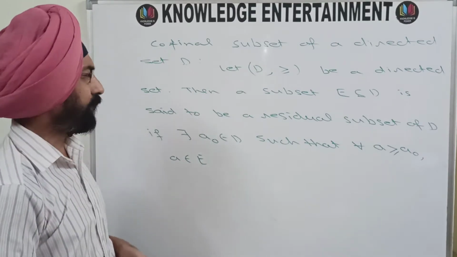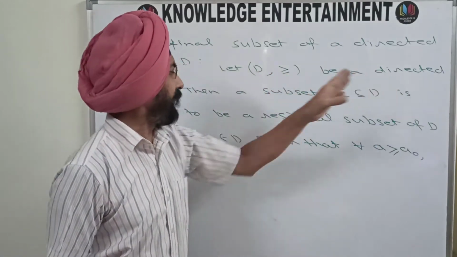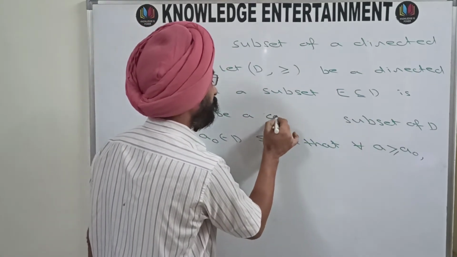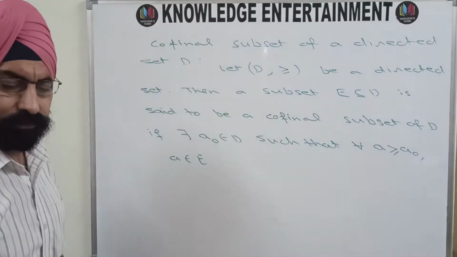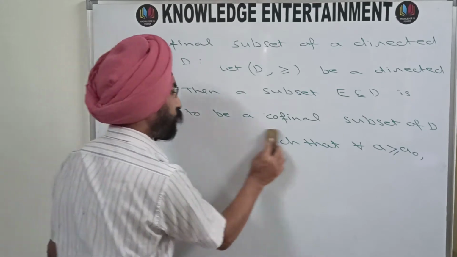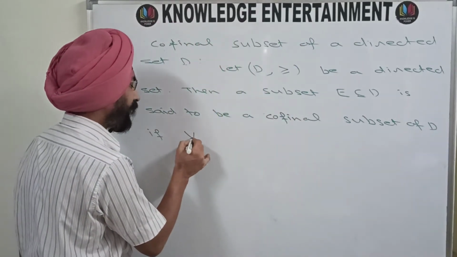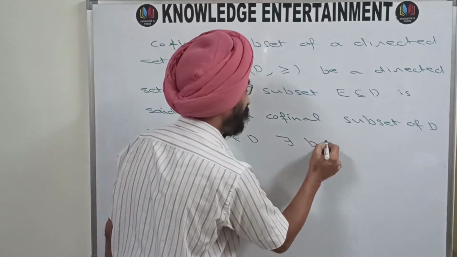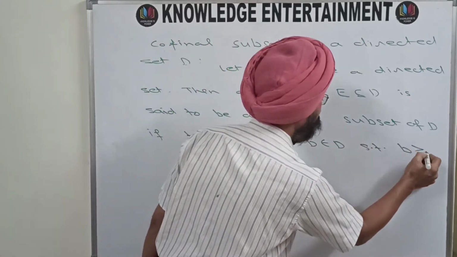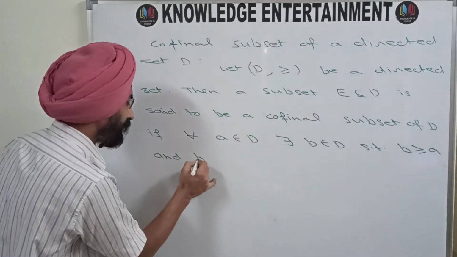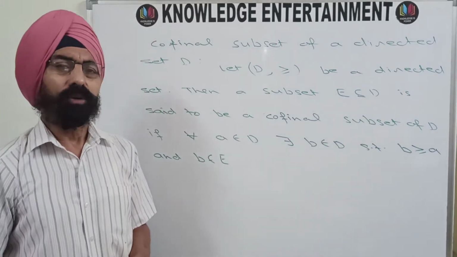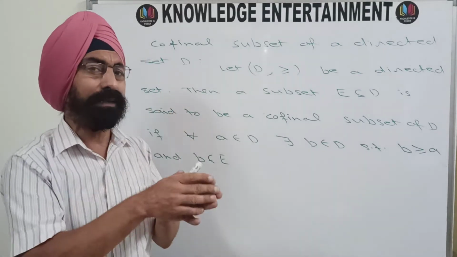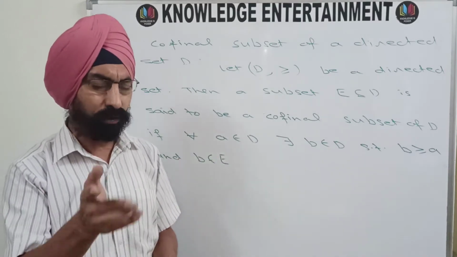Let D greater than or equal to be a directed set, then a subset E of D is said to be a cofinal subset of D if, for every A belonging to D, there exists some B belonging to D such that B follows A and this B belongs to E. That means you take any element of D, there will be an element in D which follows that particular element and that element belongs to the set E. Then E will be called a cofinal subset of D.